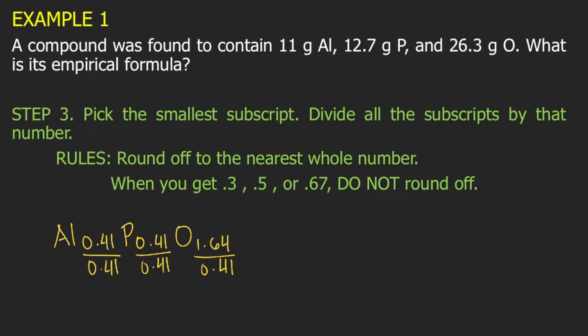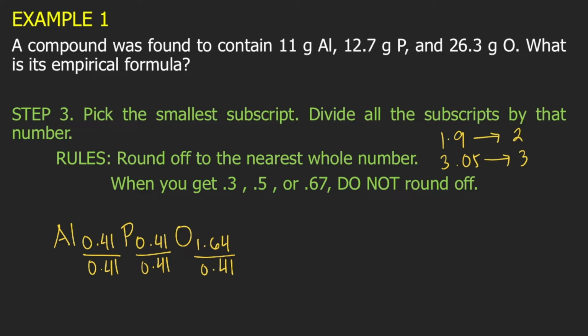According to the rule, after you divide, you round off to the nearest whole number. For example, if you got 1.9, you round that off to 2. If you got 3.05, you round it off to 3.